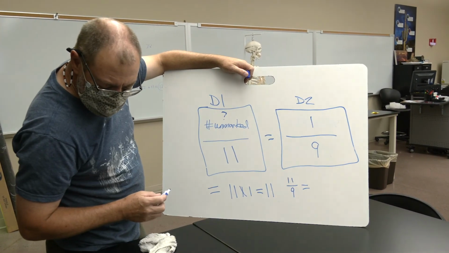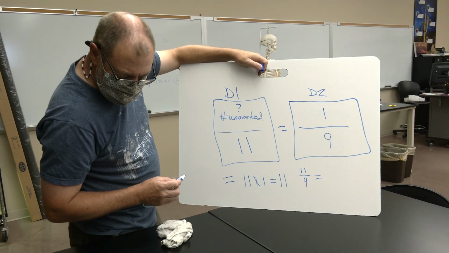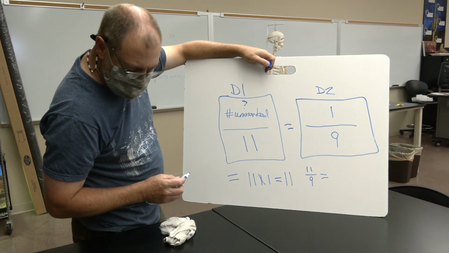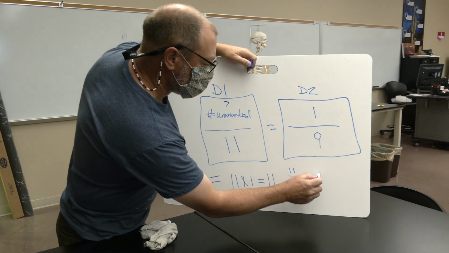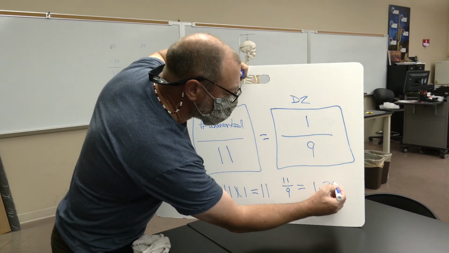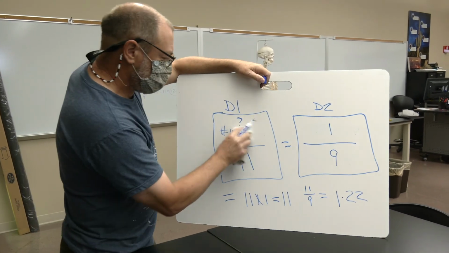Hey Google, what's 11 divided by 9? The answer is approximately 1.222222. All right, we're going to do just two twos. There we go, 1.22. Now we've got this number. Awesome.